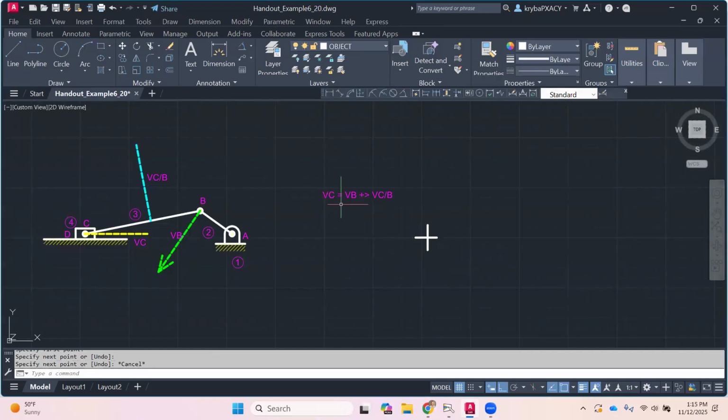Now, as we said earlier, the vector we know the most about is the velocity of B. We know how long it is and we know its direction. So we are going to copy, do not move, you're going to copy the velocity vector B, and you're going to put its tail at the origin.